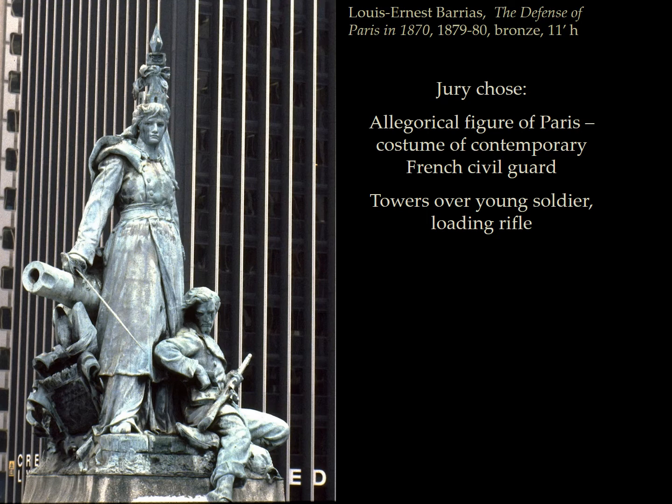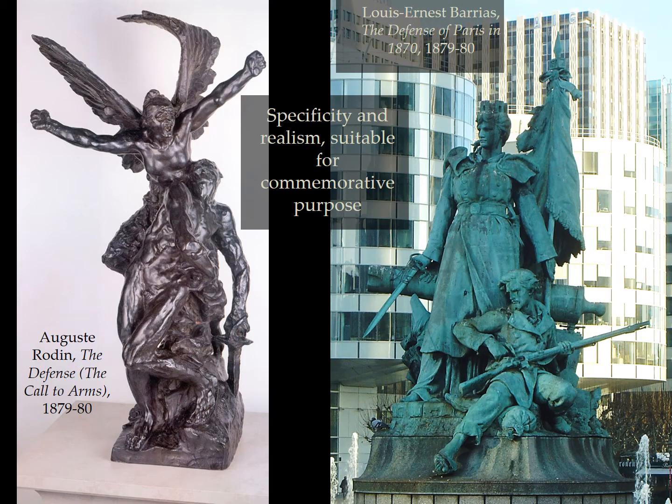Now he continues to load his rifle in defiance. So the specificity and the realism are suitable for the commemorative purpose for which it serves, that being a specific event in a particular period of French history and relating specifically to the city of Paris.